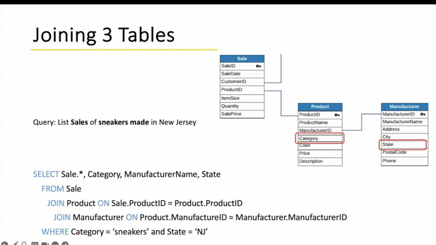Then from sales, we join the sale table with the product table using product ID, then join the product table with the manufacturer table using manufacturer ID. And finally, in the last line, we apply the condition where category is sneakers and state is New Jersey. The AND between the category and the state means both of these conditions should be true at the same time.